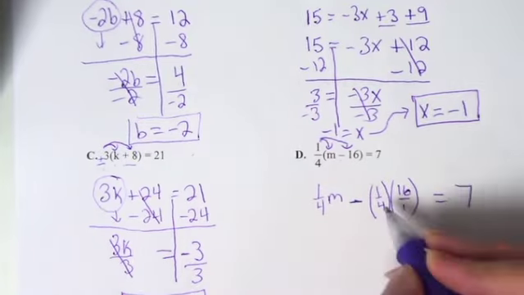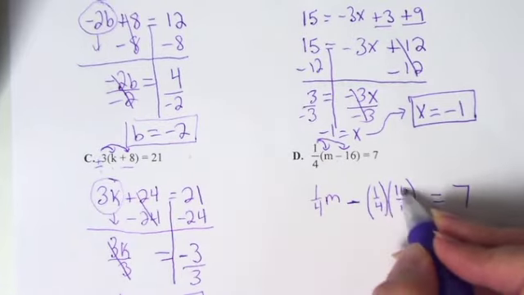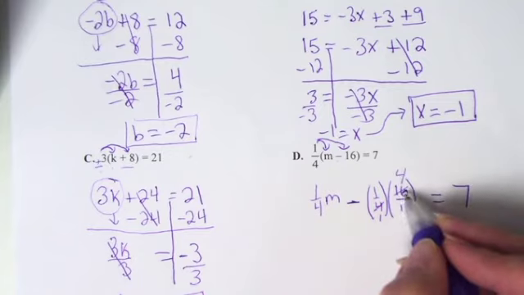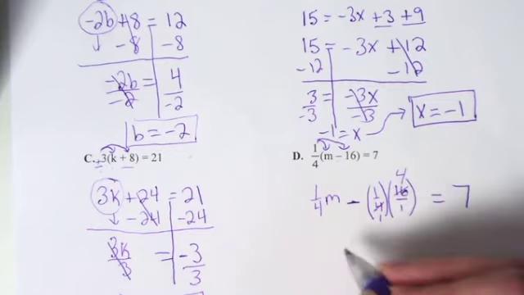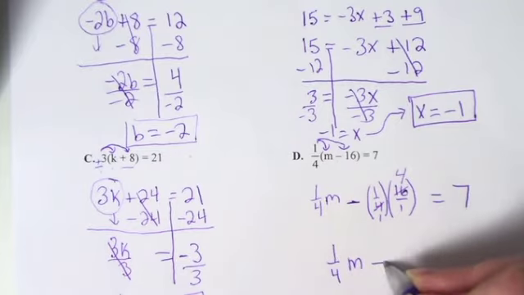Okay, so then what you can do here, you can cross reduce, because the 4 goes into the 16 4 times. So we can cancel that, make it 1, cancel this, make it 4, and we're just left with 4. Okay, do you guys see that? We're left with 4. So we get 1/4 m minus 4 equals 7.